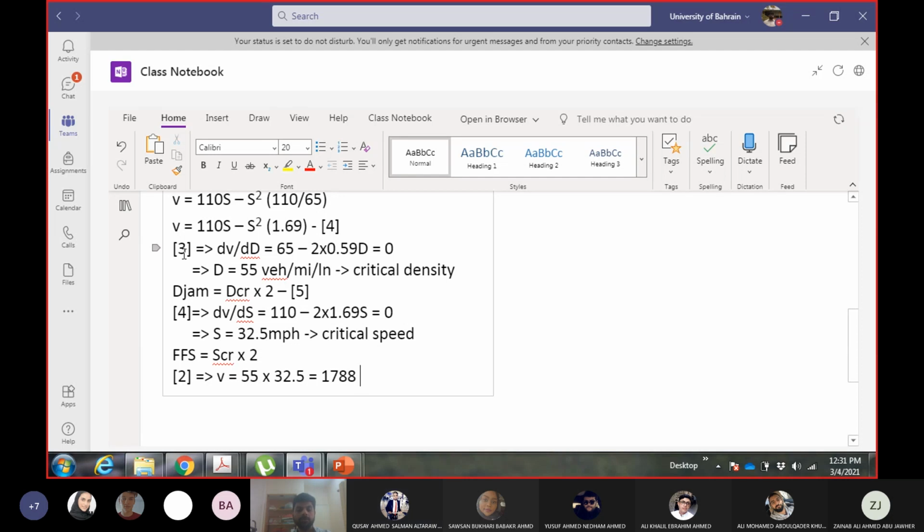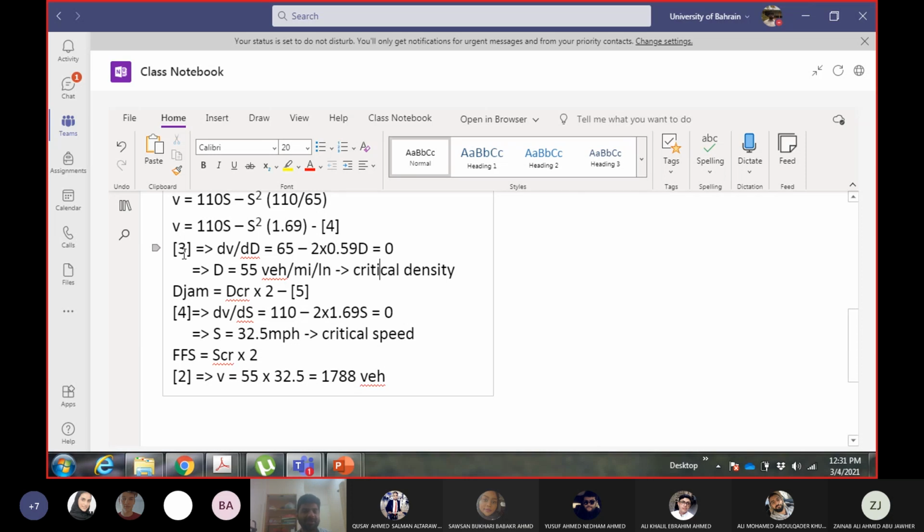1787.5. Okay, what are the units of flow? Per mile? That was density.